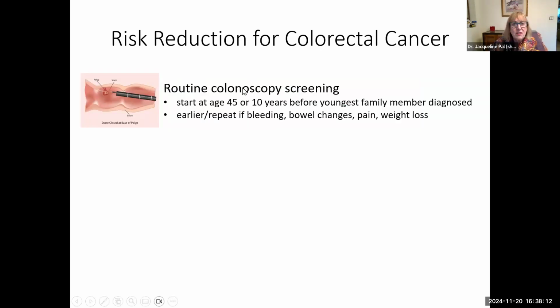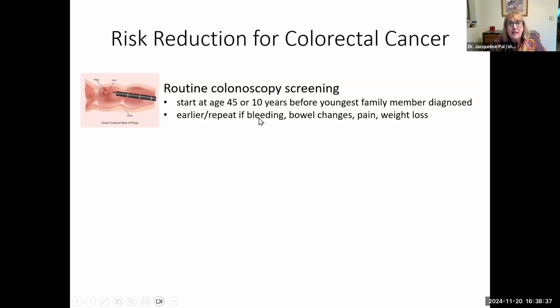So for risk reduction, everybody needs to start screening at least by age 45. If you have a family member diagnosed with colon cancer, you need to start 10 years before the youngest family member. So if you had a family member diagnosed at age 50, you need to start at age 40. If you had a family member diagnosed at age 40, you need to start screening at age 30.